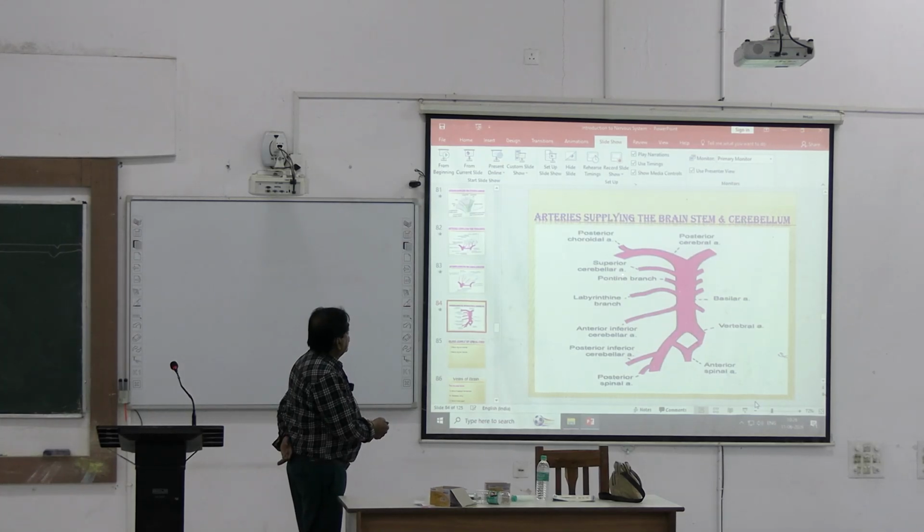Now, superior cerebellar artery, pontine branch, labyrinthine branch, this is the basilar artery, posterior cerebral artery, anterior inferior cerebellar artery, the posterior inferior cerebellar artery, posterior spinal artery, this is the basilar artery, vertebral artery, anterior spinal artery.